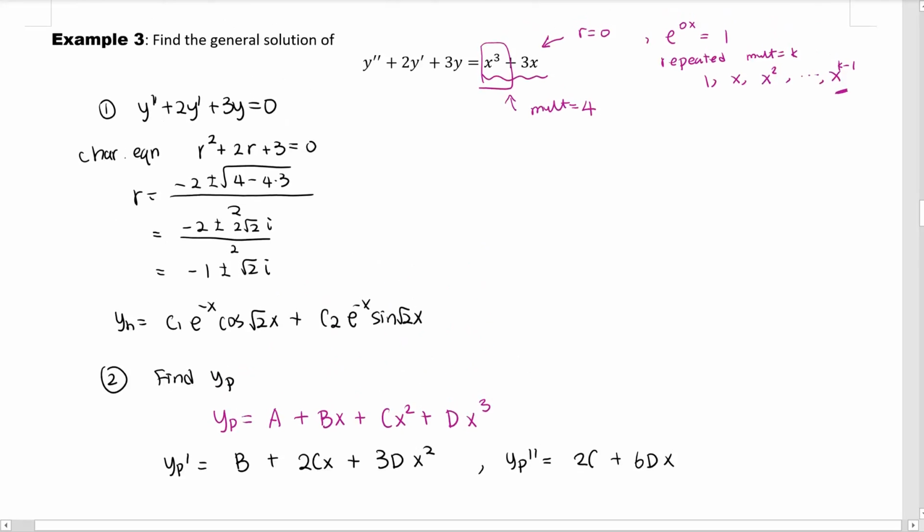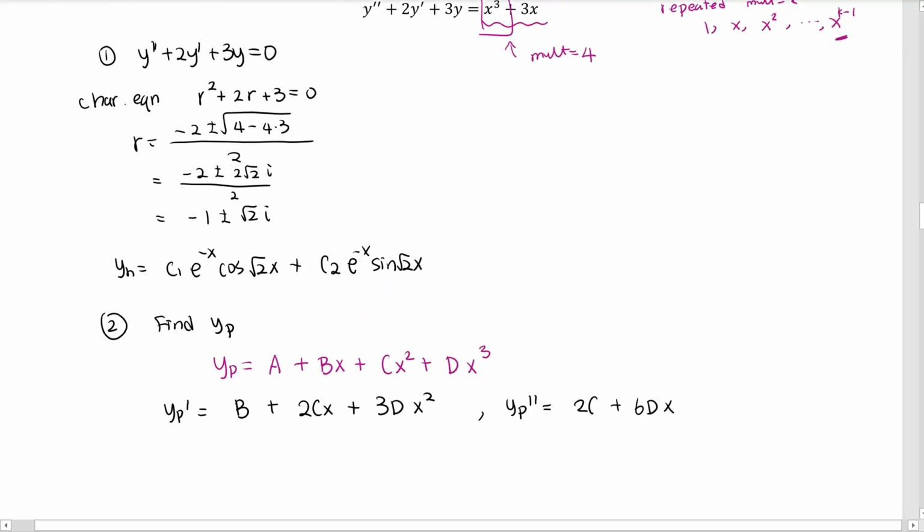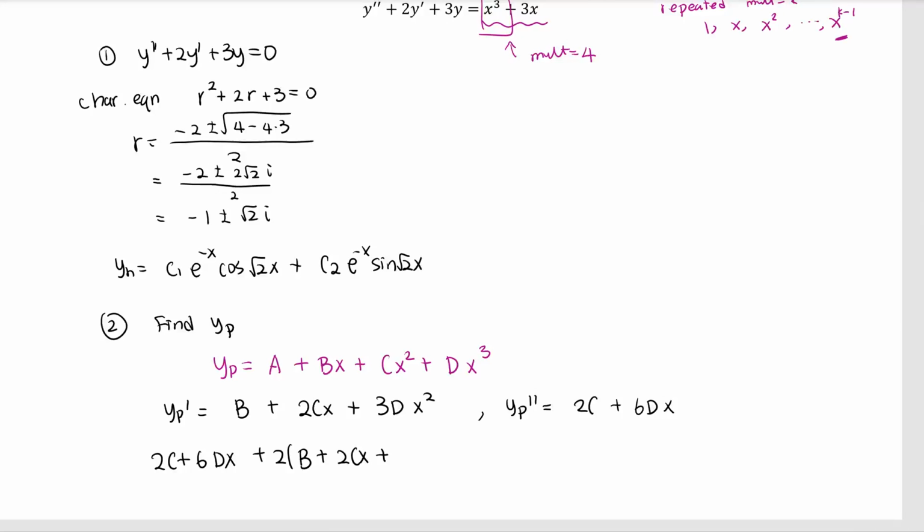Let's plug into our differential equation. It's y double prime, so 2c plus 6dx, plus 2 times y prime, where y prime is b plus 2cx plus 3dx squared, plus 3y, where y is a plus bx plus cx squared plus dx cubed. That equals the right-hand side, x cubed plus 3x.